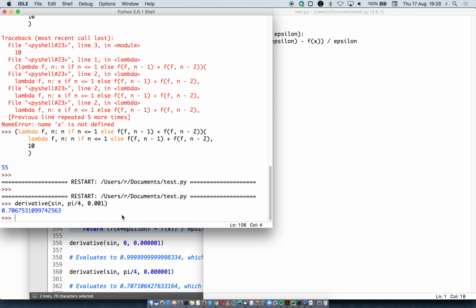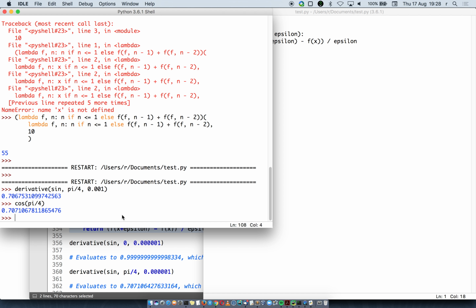Okay, so we get a value. And we know that the derivative of sine should be cosine. So if I say cos of pi divided by 4, I should get something similar. And you see that it's not very far from there. You might think that the smaller the number, the better the precision is going to be. But actually, the denominator of the fraction is going to be very, very small, and that leads to more errors. So in general, we don't want to make that number very, very small.